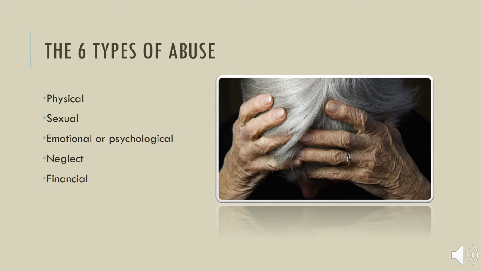Financial abuse is legally or improperly using an elder's money, benefits, belongings, property, or assets for the benefit of someone other than the older adult. Examples include taking money from an older adult's account without proper authority, unauthorized credit card use, and changing a will without permission.